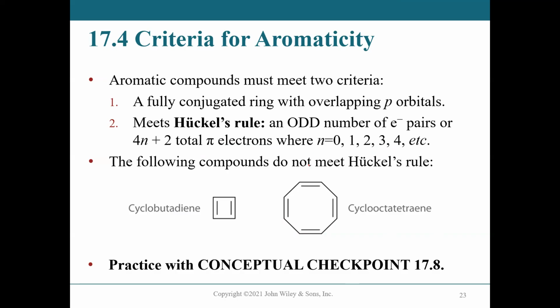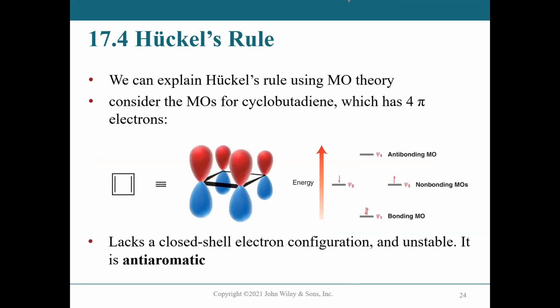It says the following compounds do not meet Huckel's rule right here. So this is the total number of pi electrons. We're looking at cyclobutadiene, which has 4 pi electrons.